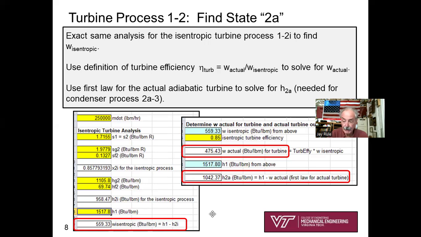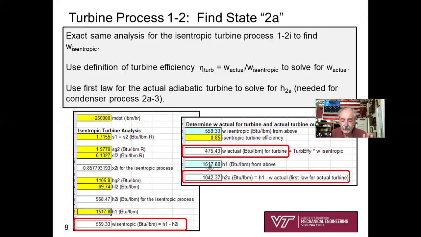Okay, so that's the isentropic turbine. But wait a minute, I know that I've got the isentropic turbine efficiency of 85%. I remember what the definition of turbine efficiency is. It says that W actual is going to be 85% of the isentropic, or 475.4 BTUs per pound mass, W dot over M dot.